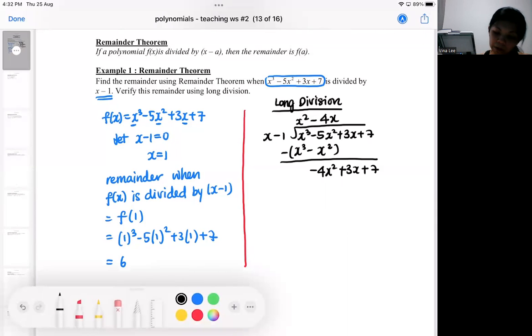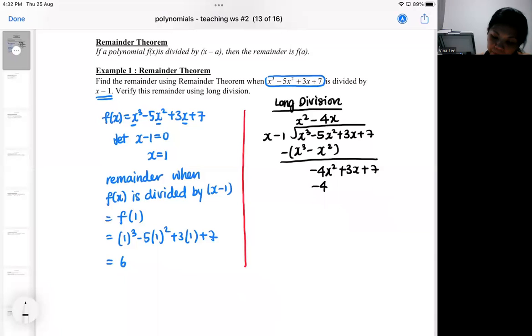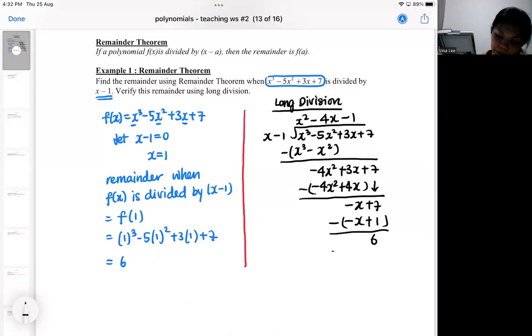So that should be a minus 4x. So we get a minus x plus 7. And if you subtract, you get a remainder of 6.